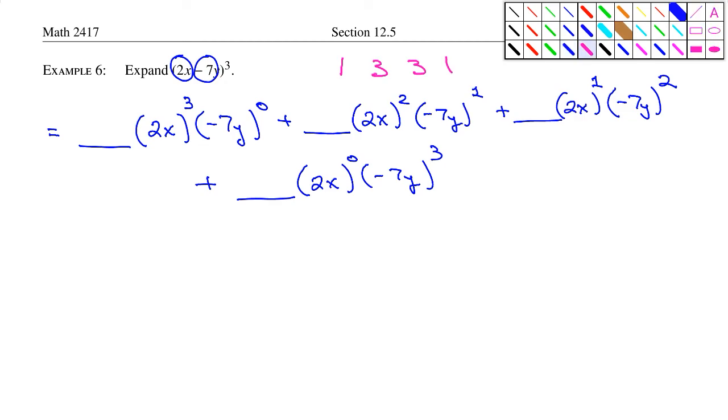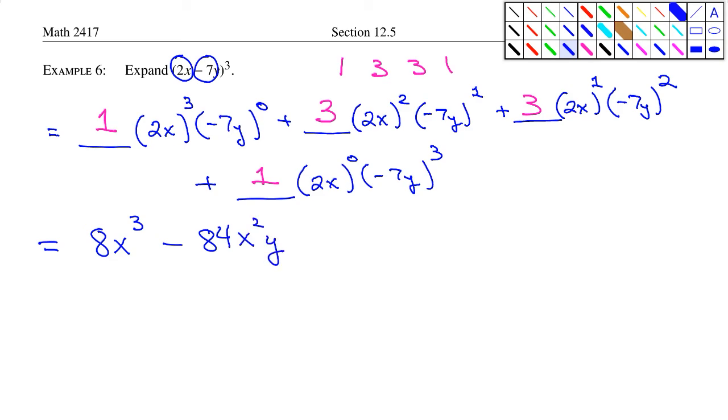Pascal's triangle numbers, the binomial coefficients, go into place. And then we just have to work all this out. So 1 times 2x cubed times negative 7y to the 0, that's just 8x cubed. Next, 3 times 2x squared times negative 7y to the first, that's negative 84x squared y.